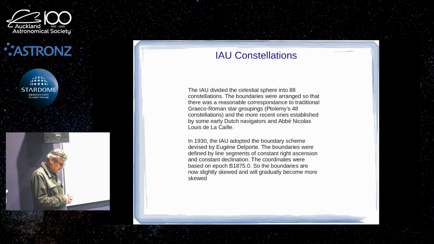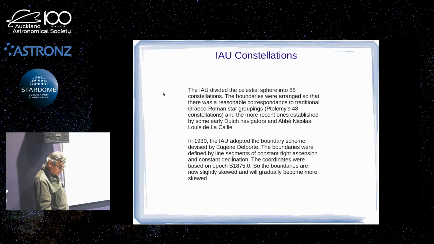Obviously, for the Southern Hemisphere, they had to add new ones, and they defined the boundaries in a way where the boundaries are lines of constant right ascension or declination. And this scheme was adopted back in 1930.